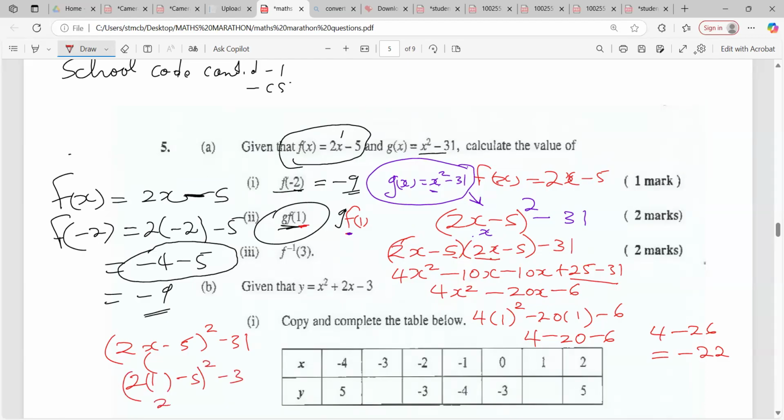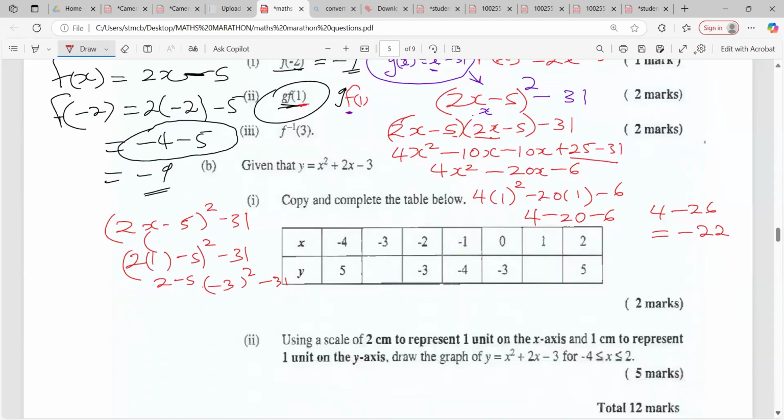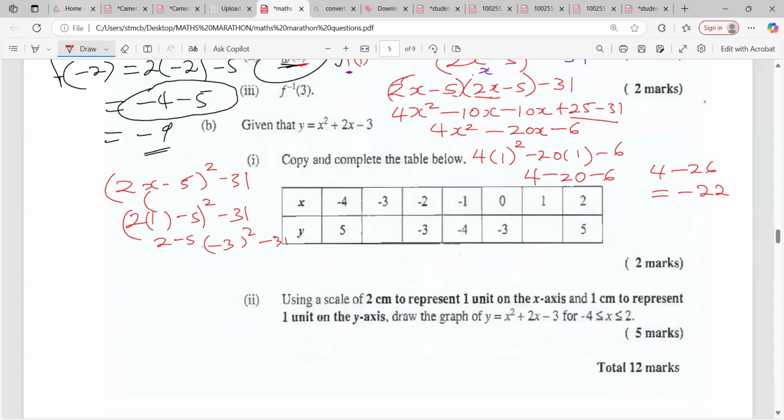And then 2 ones are 2, minus the 5. That will give you negative 3, squared, minus 31. Hold on there, guys. This is bad workmanship. You have space. Remember about this. Come on, you don't want anybody to miss anything. That is bad workmanship.